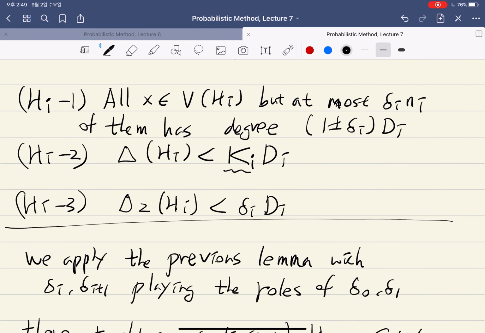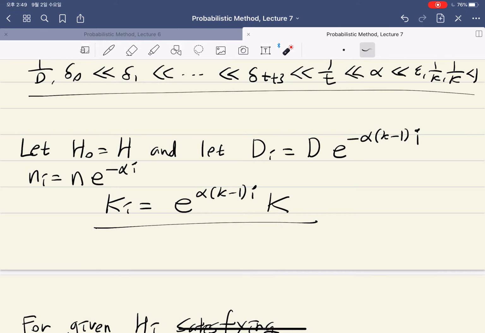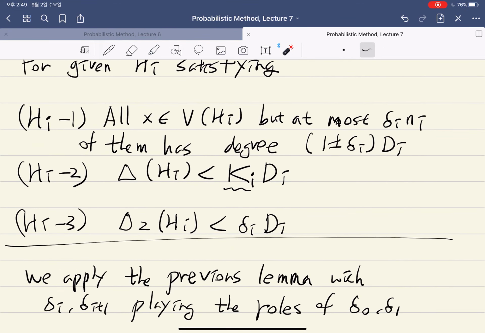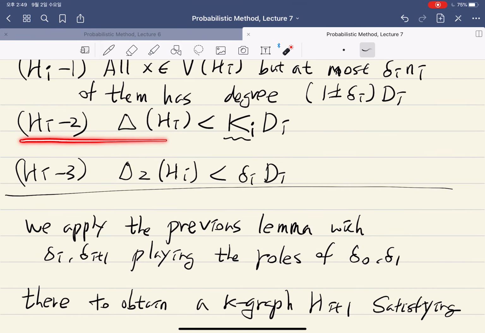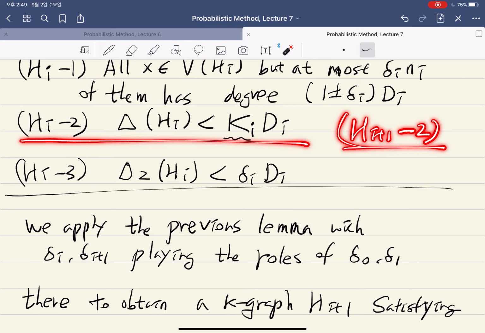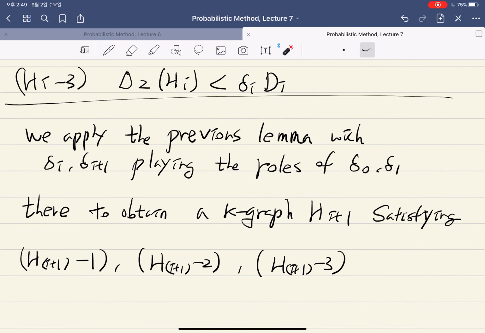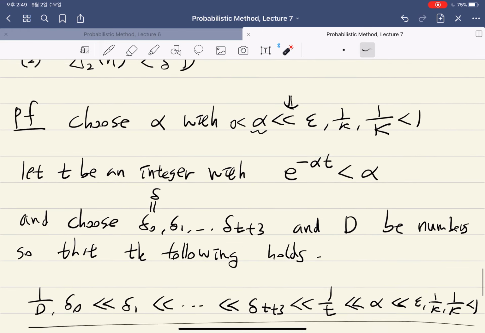Because initially we have assumed that, then the Hi condition and the Hi plus 1 condition 2 are actually natural. So we apply the previous theorem.